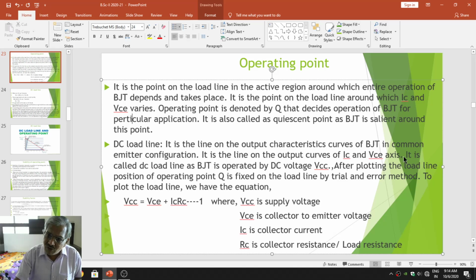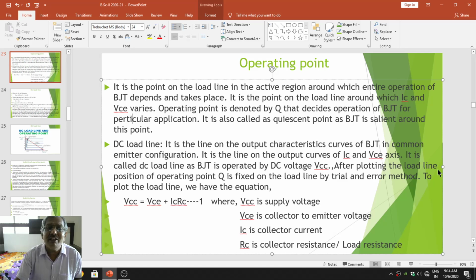We are aware that in common emitter configuration, the output characteristic curves, which we have already plotted last year, are the graph of output current IC versus output voltage VCE. Using the same graphs, the load line is the line on the output curves of IC and VCE axis. It is called a DC load line as the BJT is operated by DC voltage VCC.